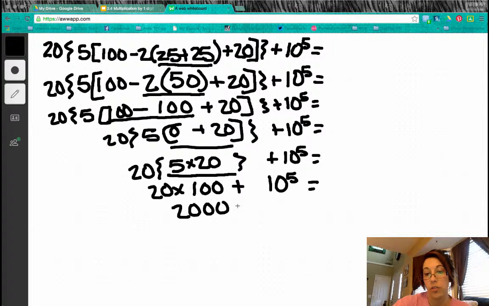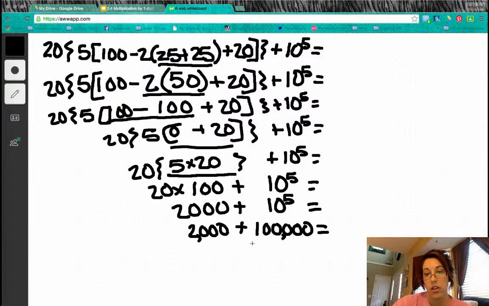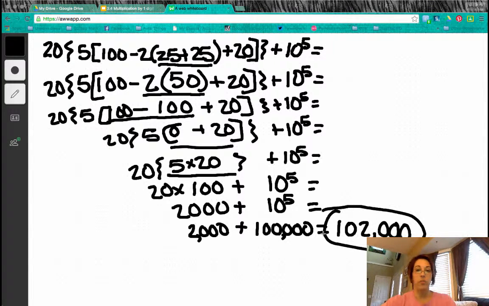Let's stick the 2 zeros on, plus 10 to the 5th. Let's work our exponent here, a 1 and 5 zeros. So we have 100,000 plus 2,000 is 102,000. That will be our answer for this problem.